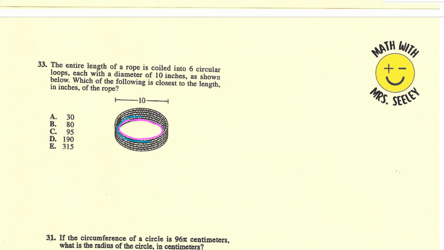There's another coil, a second circumference, or around the edge. Then there's a third one. We could keep going. There's a fourth one, and so on. But there's 6 of those. So basically, we're saying that there are 6 arounds, or 6 circumferences.